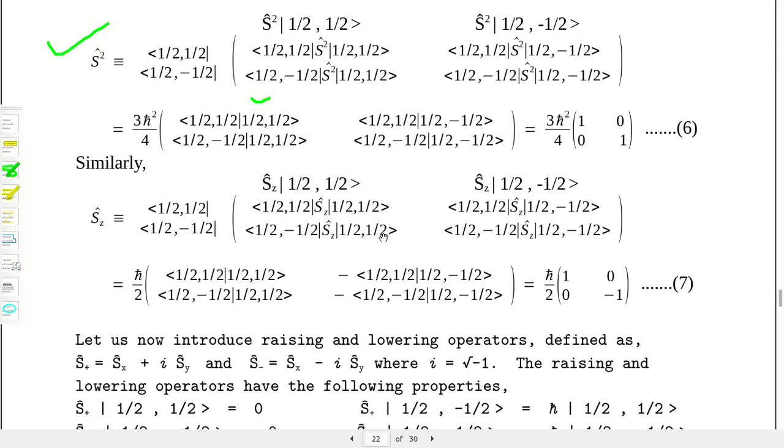So using those relations, and in the last you should use the orthonormality property, these two terms are 0. So it will form a matrix which is ħ/2 times 1 0 0 minus 1.